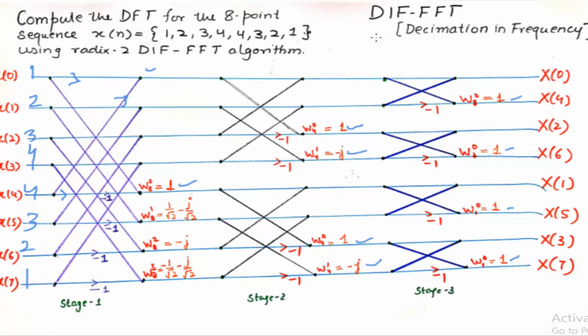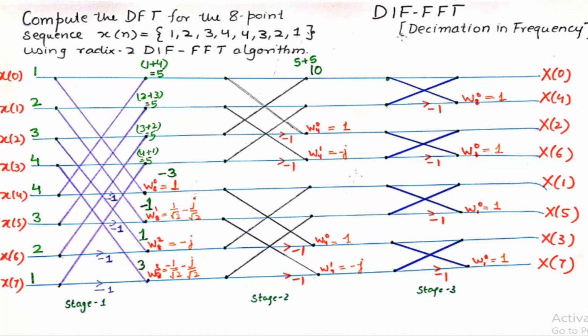So with that in mind, you simply need to, for example, this is 1 coming straight, 4 coming from this way, 1 plus 4 is 5, 2 plus 3 is 5, 3 plus 2 is 5, 4 plus 1 is 5. Now this is crucial. This 4 comes here with a multiplier of -1, and another thing coming here is 1.